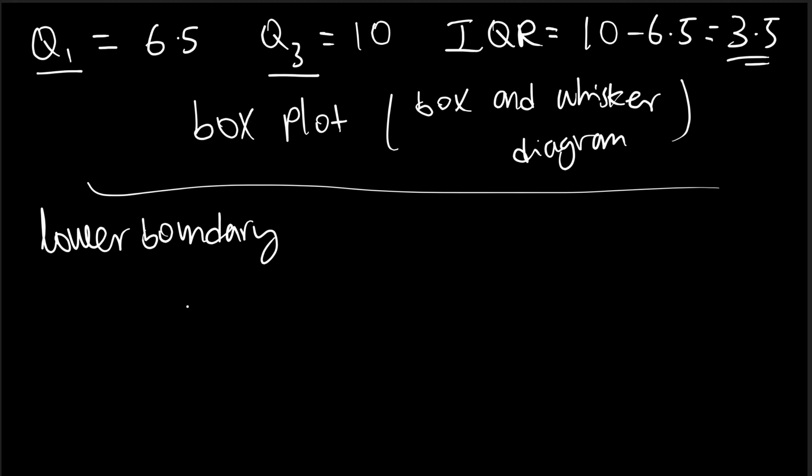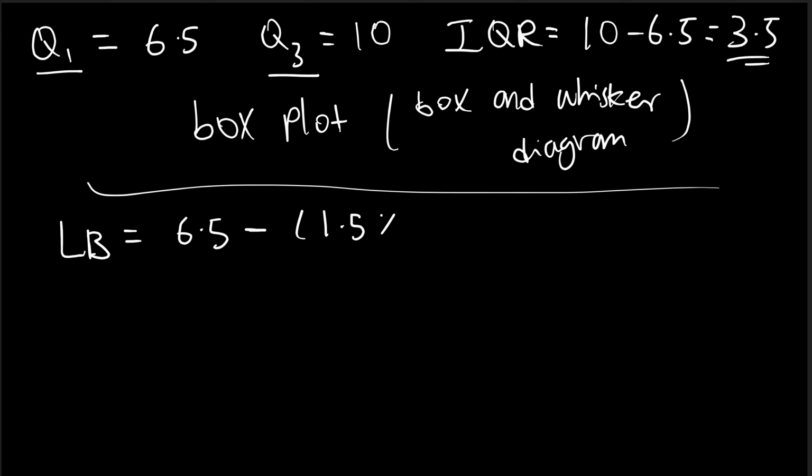We can just simplify. Instead of writing out lower boundary every single time, we can just write LB. The lower boundary is going to be Q1. We're going to start with Q1, 6.5. We're going to take away, because it's the lower, 1.5 multiplied by our interquartile range of 3.5.